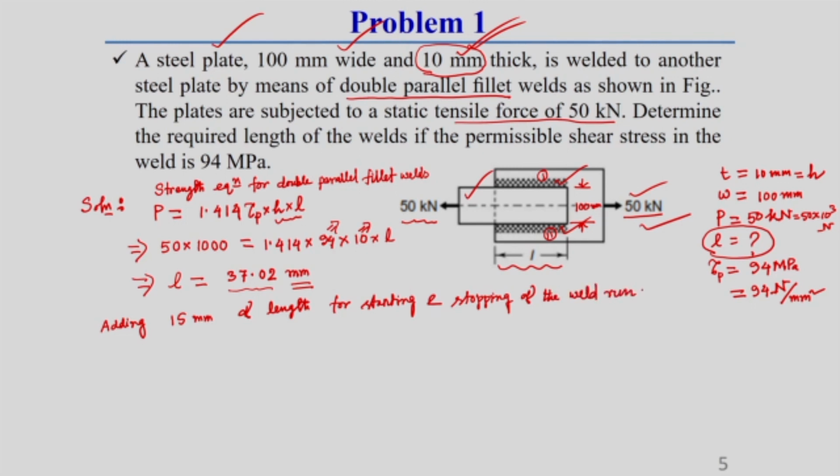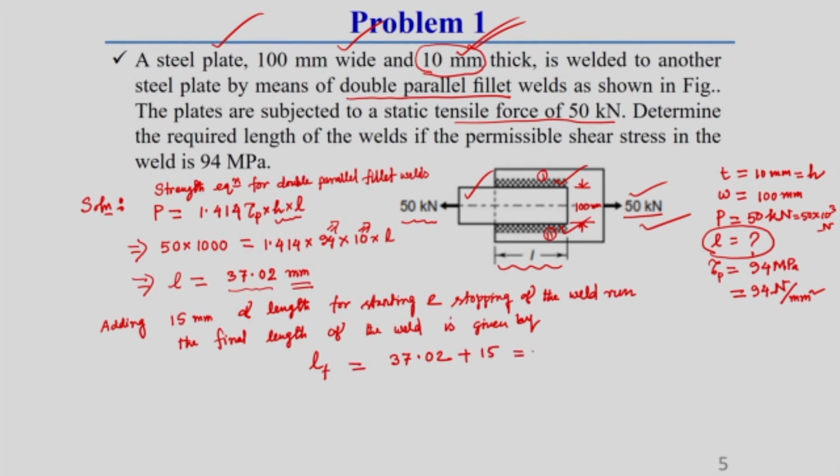The final length of the weld is given by, let us call it LF, 37.02 plus 15.